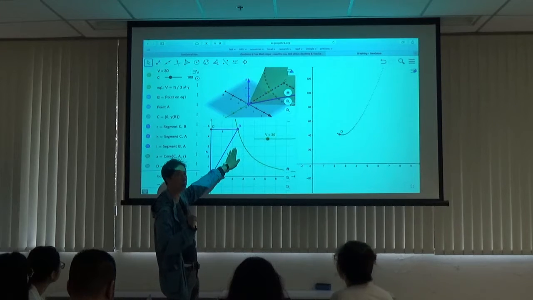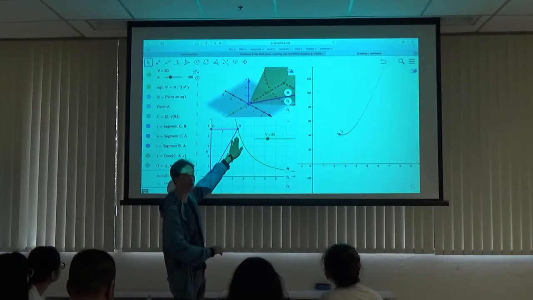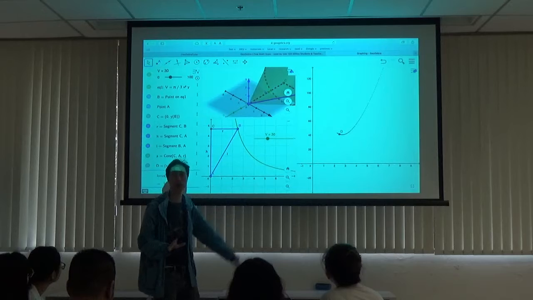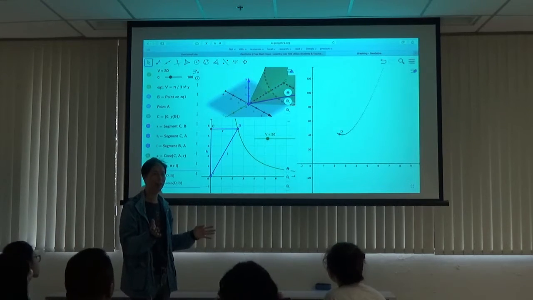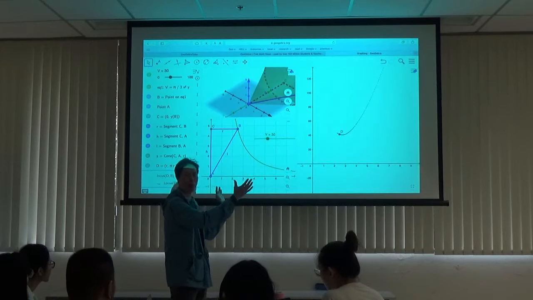That is also very important. If B is a totally free point, you cannot create a locus. If D is totally free, then there's no locus at all.